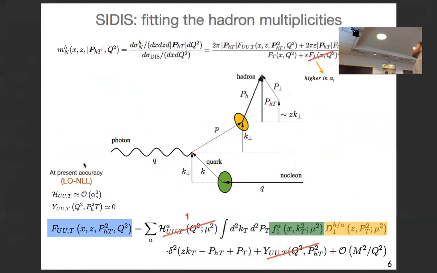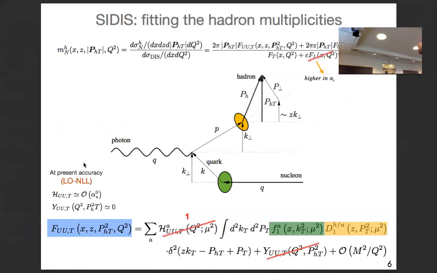But if we want to stay well in the TMD factorization region, this term vanishes, because when Q squared is much greater than M squared, the hadronic mass scale, and when P_hT squared is much less than Q squared, this term vanishes. And at the present accuracy that we have explored in the last fit, this term only starts at higher contribution of alpha S.